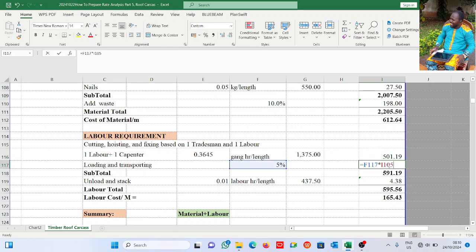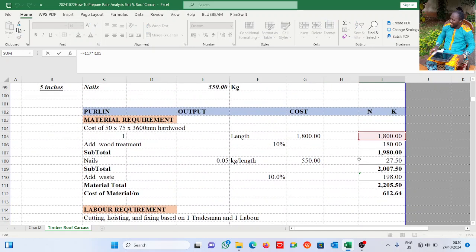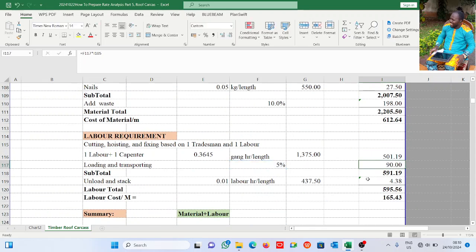Of course, our transport, remember transport is on the material, and I said if I want to put it here I will still arrive at the same because it is on the material. But it's a labor item. So loading and transporting, this is that 5%, then that gives us this particular total.